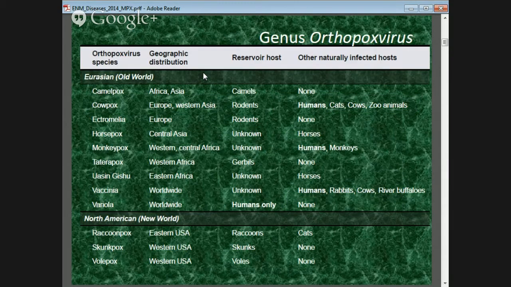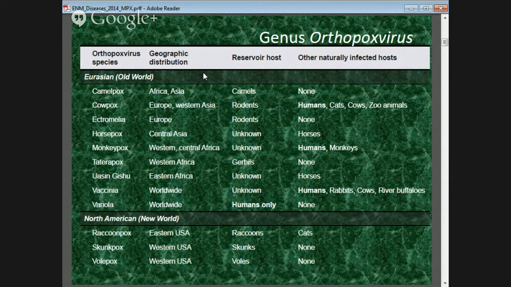Within orthopox viruses, there are several species that have been described. The most famous and most important one in terms of disease to humans is variola virus, which is a causative agent of smallpox, and it's been eradicated from humans since the late 1970s and 1980s.